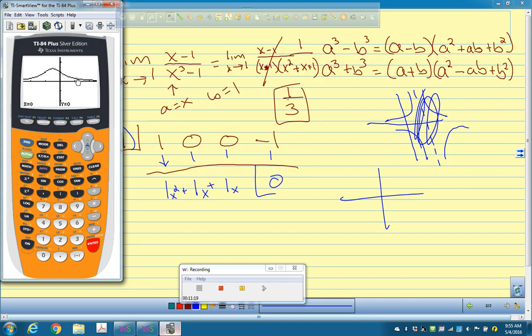The function is undefined at that 1 comma 1/3. But as I approach 1 from both sides, I approach 1/3 in my y. Yes, Olivia? So the answer would be the limit is 1/3, and would you say there's a hole at 1? You don't have to say there's a hole. They're just asking you for the limit, okay? So, okay? Yes? Moving on?